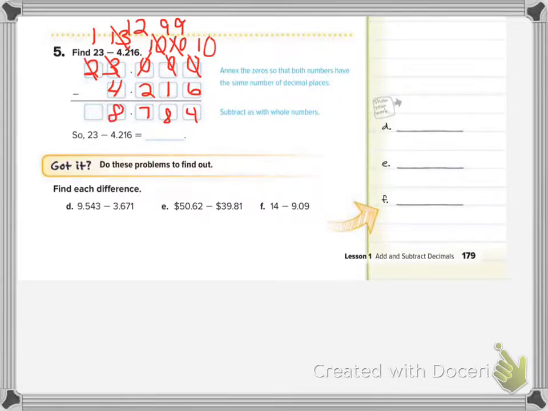Good. 1 minus 0, 1. So 23 minus 4.216 gives us 18.784.